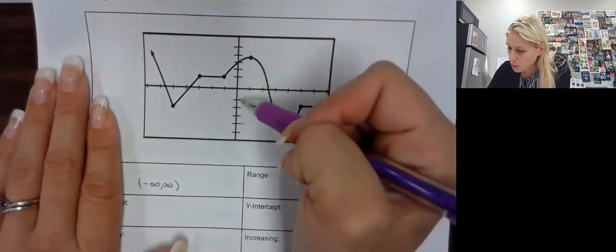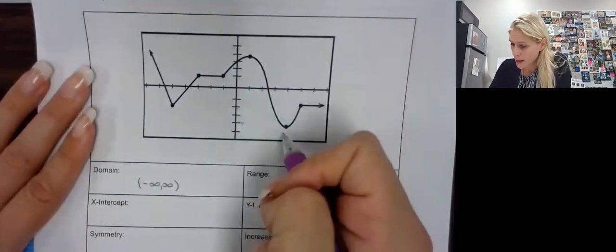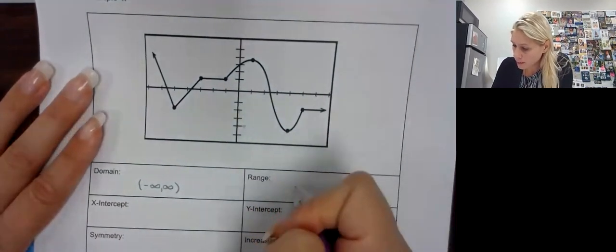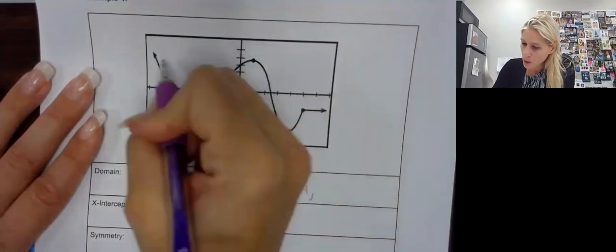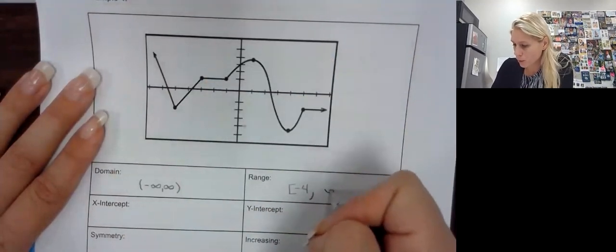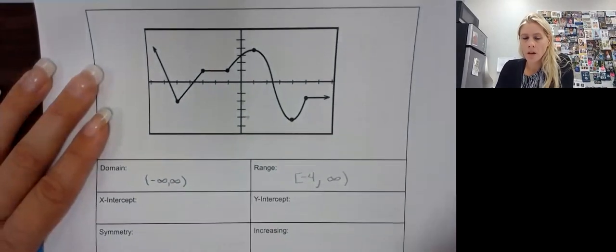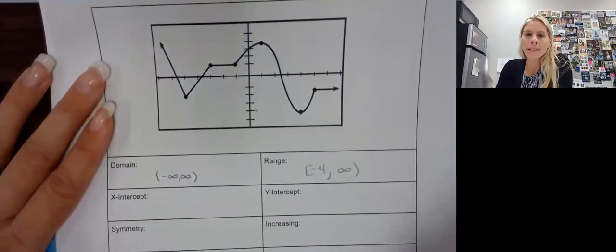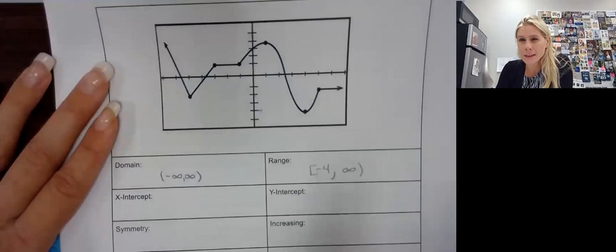So that's 1, 2, 3, 4. -4, right? And does it hit -4? Yes, it does. It's filled in. And as I said before, if we go up, we actually get an arrow that goes up. So it goes to infinity.